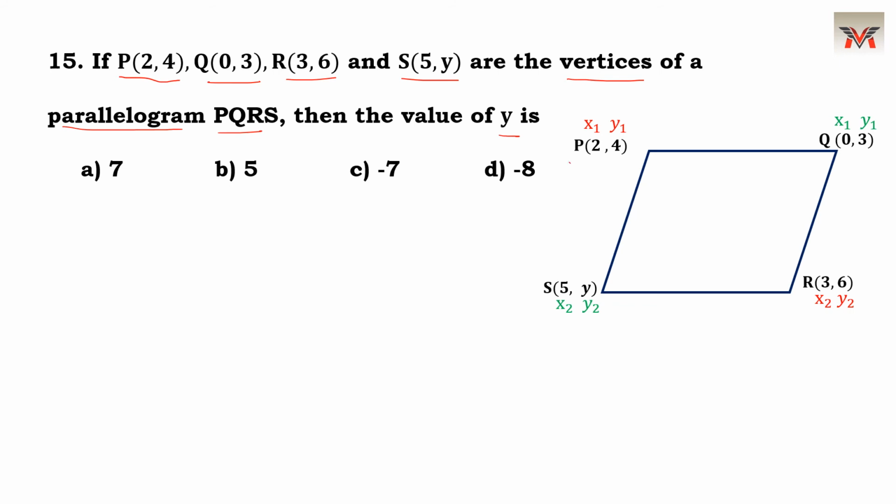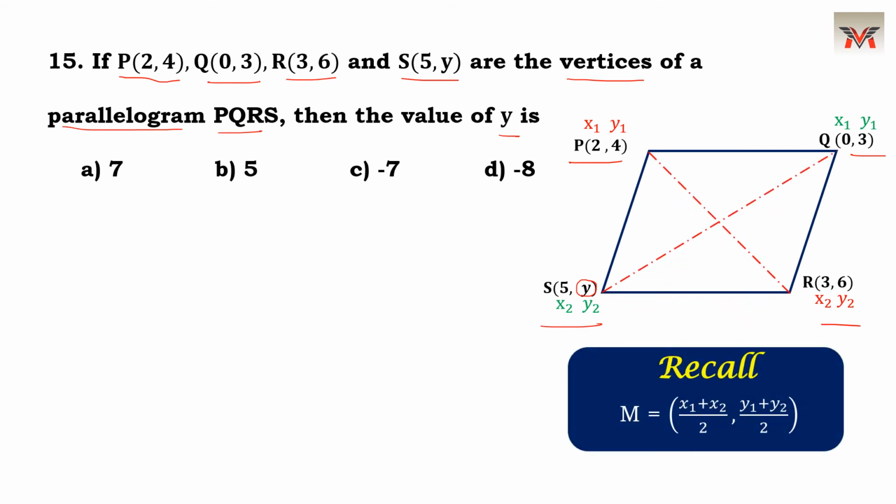So we have a parallelogram, and I have considered P, Q, R and S respectively. Since we have only one unknown, we can use the concept of diagonals bisecting each other, and also apply the midpoint formula. Observe that the midpoint M is the same for both the diagonals.